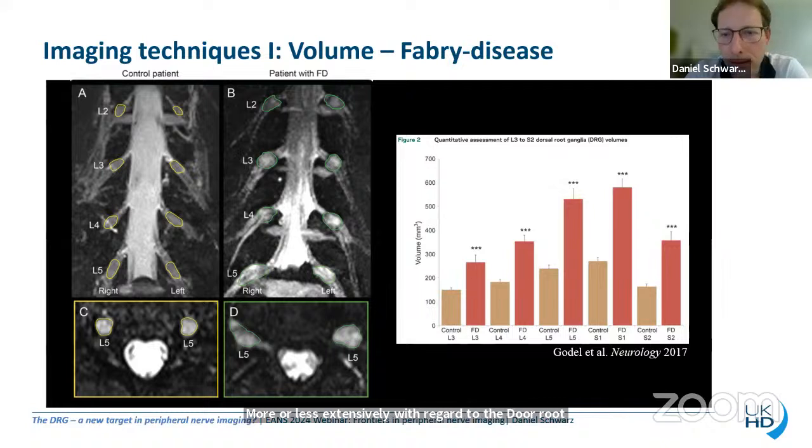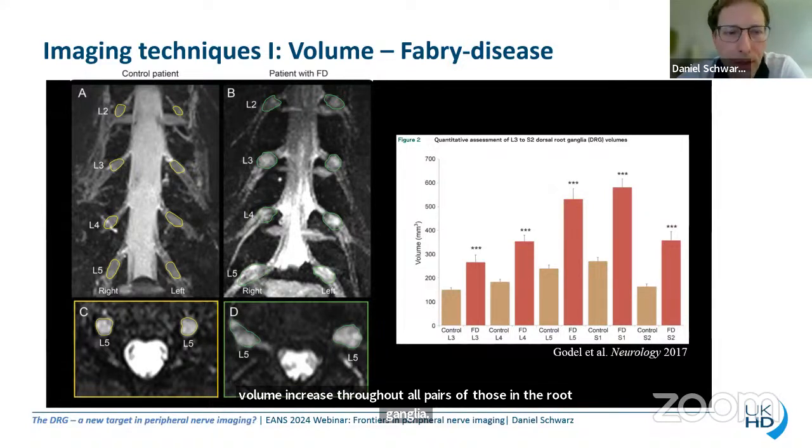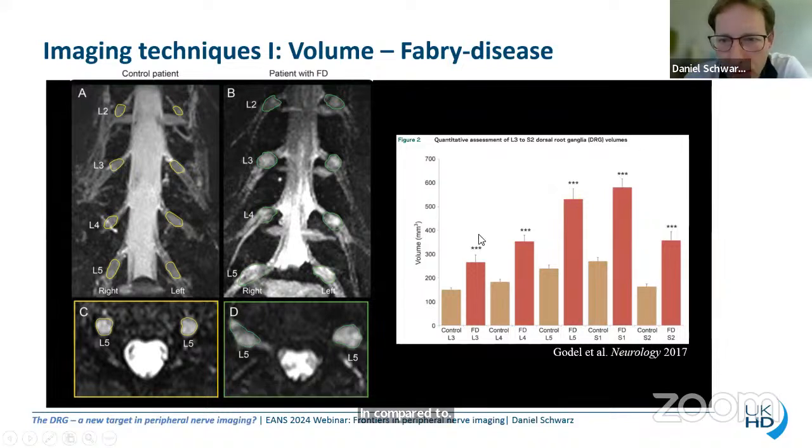And in this initial work, it was also found that on the quantitative level you get a large volume increase throughout all pairs of dorsal root ganglia compared to normal volunteers, as is shown here in the bar chart. This is quite interesting.